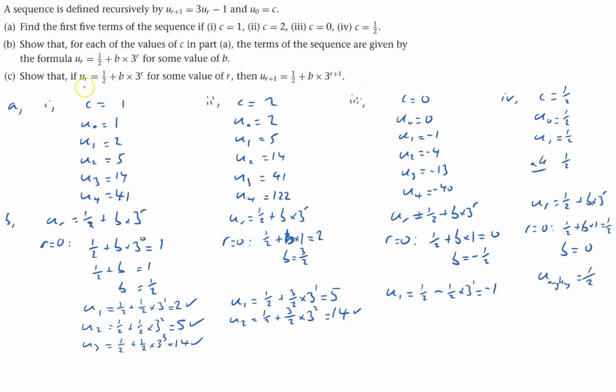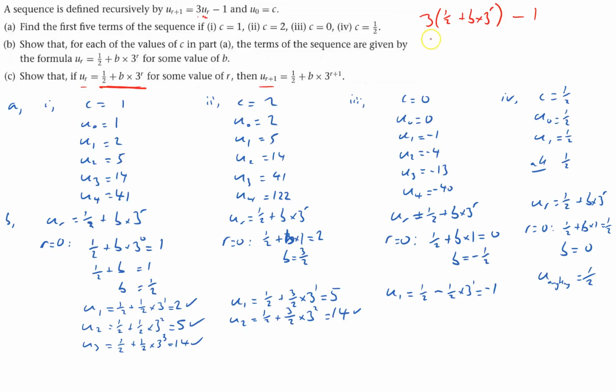So if I've got UR equals this, then UR plus 1, what I've got to do is I've got to take this value here, I've got to times it by 3 and then subtract 1. So I've got to do 3 lots of a half plus b times 3 to the r. So that's 3 lots of UR, and then take away 1.